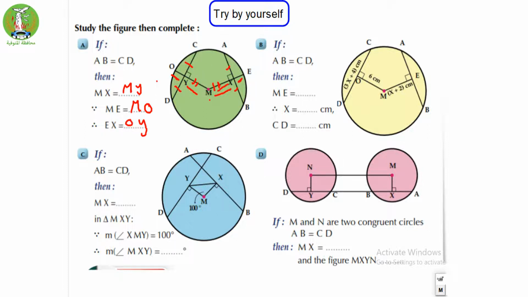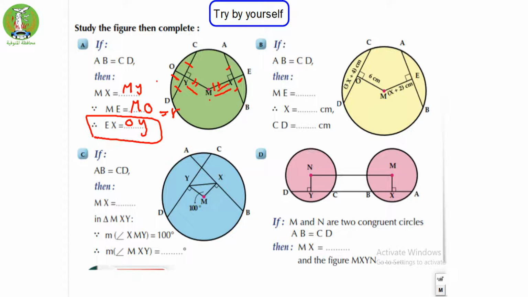How? From relation number 2, since ME equals MO equals R, and MX equals MY, by subtracting them, then EX equals OY.